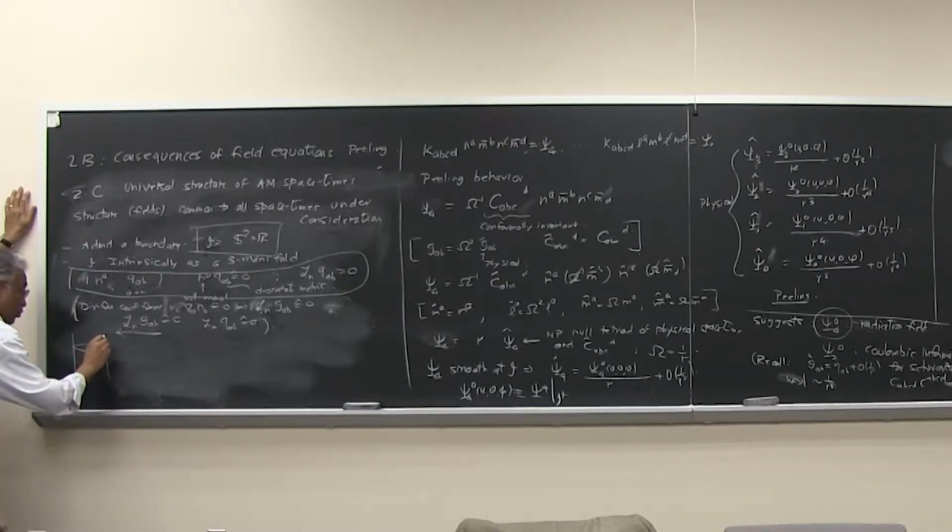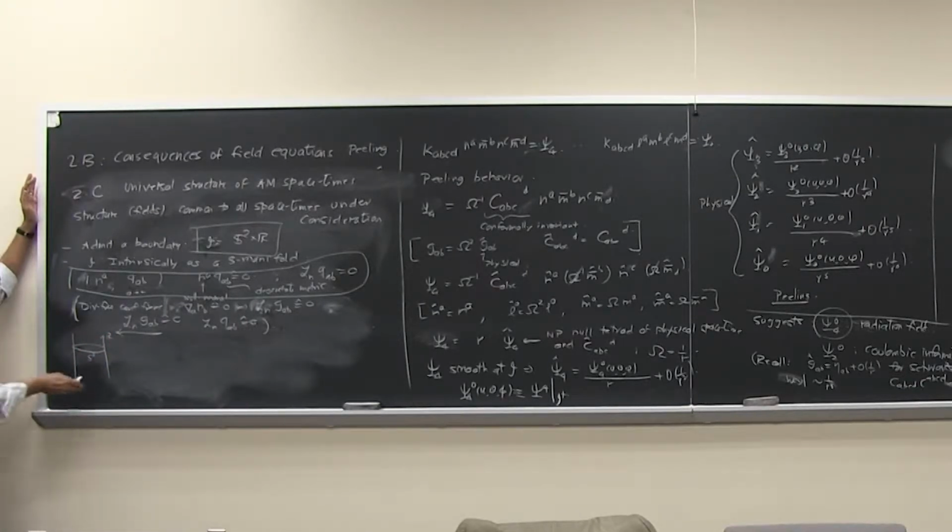So this is S2, this is R. Remember in our coordinates that I used last time when we systematically introduced coordinates, I can take here theta, phi, and up and down Scri I can have coordinate u, which is an affine parameter of n. So n^a grad_a u equals 1. So I got an affine parameter up and down.